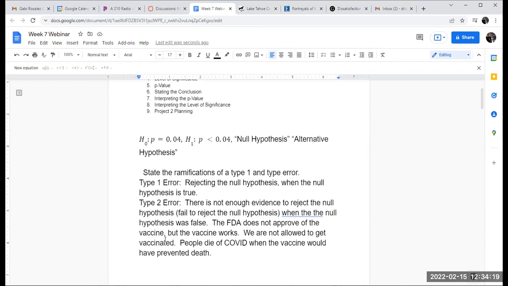If you're not from Tahoe, that's our hospital here. And she said every single patient she has had who was dying of COVID was not vaccinated. And she didn't have any that were vaccinated. And that tells you something. So that's one of those that they have committed a false type 2 error and are dying because of it.